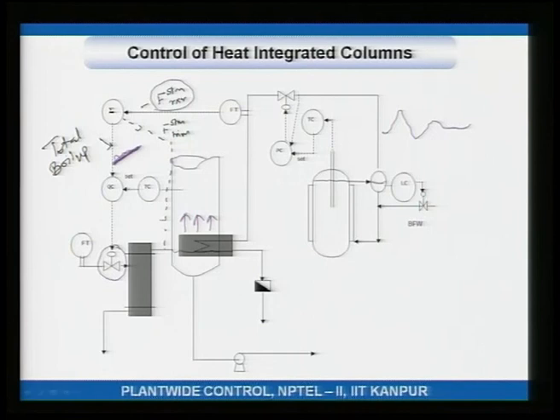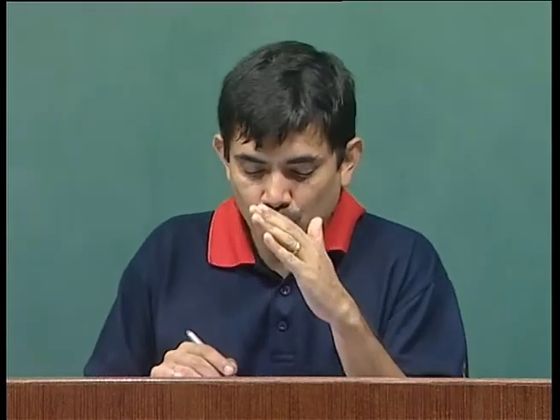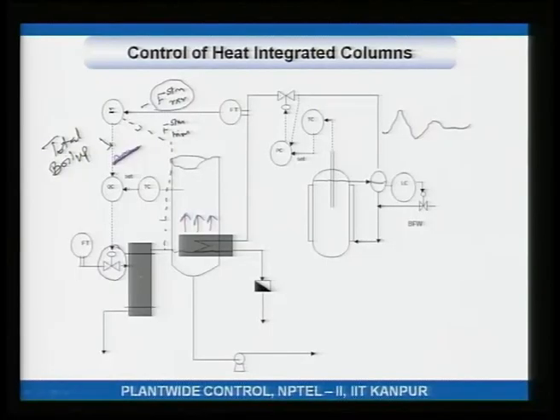Therefore, the boil up from the trim reboiler goes down. So, if steam from the reactor is going up, QC will act to reduce steam from the trim reboiler, and therefore this total boil up remains relatively constant. It will not be exactly constant, but it remains relatively constant. Because it does not change a lot, this temperature does not change.